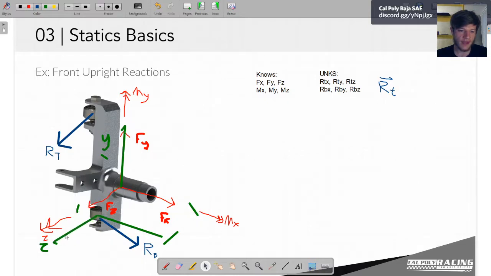That way we can say that this is where we know all of our important dimensions. So now you need to know dimensions to the spindle. We can assume that the location of the center of these forces is on the y-axis.